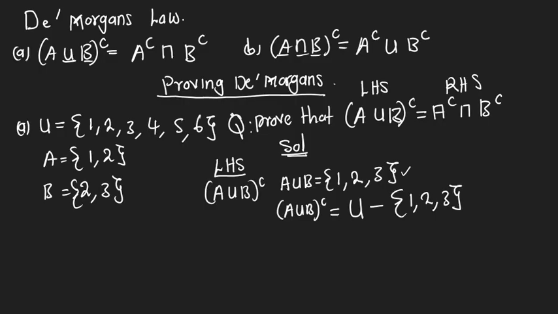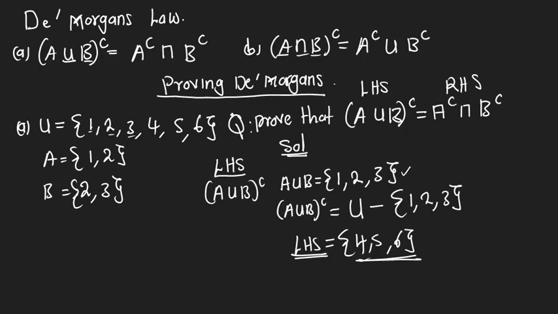That is how you remember the complement, the easiest way. We are removing 1, 2, 3 from the universal set. We are going to remain with a 4, a 5, and a 6. This is what we have on the left hand side.